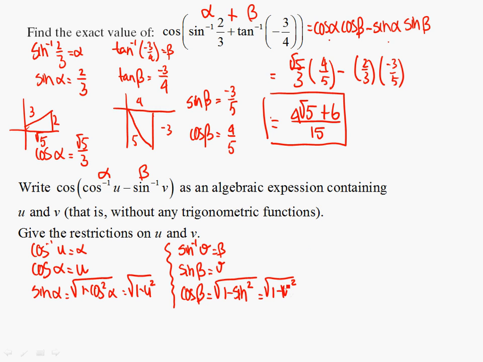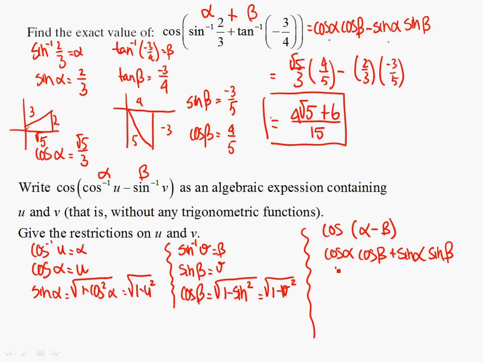That's a v. And then you can fill it in. So this is the cosine of alpha minus beta, so that would be cosine alpha, cosine beta, plus sine alpha, sine beta. Pick up the parts that you just found.